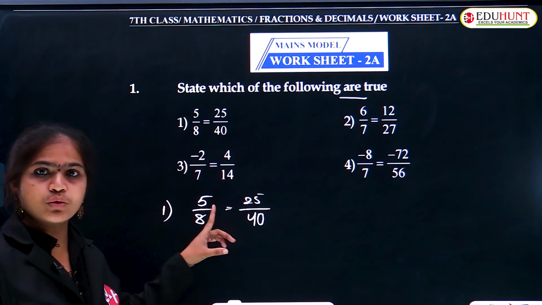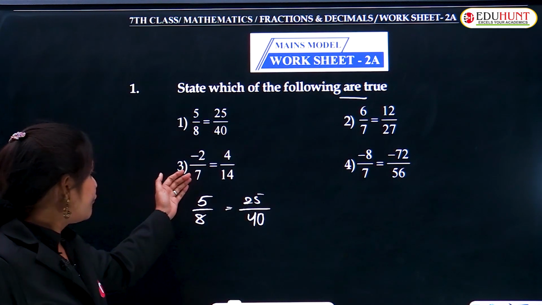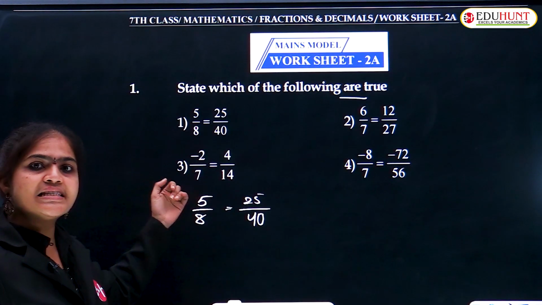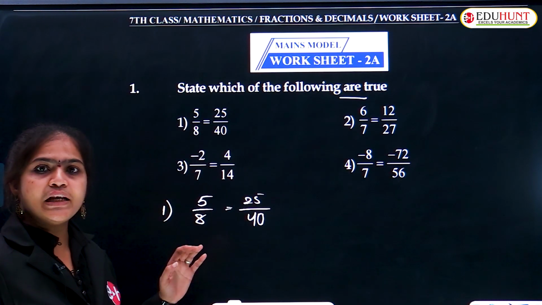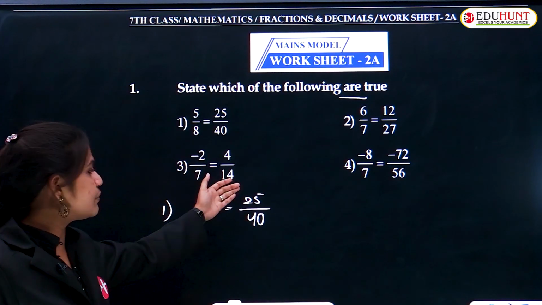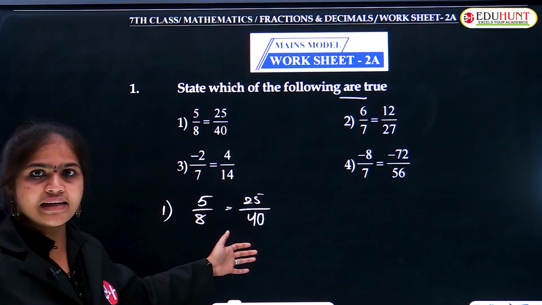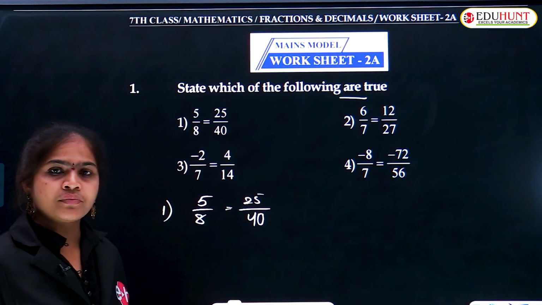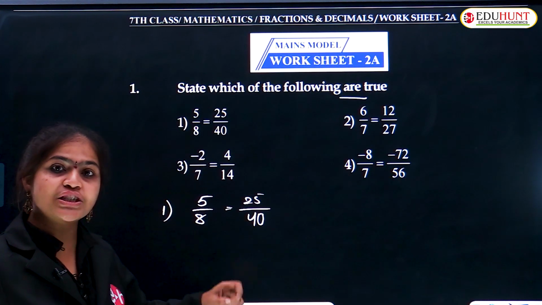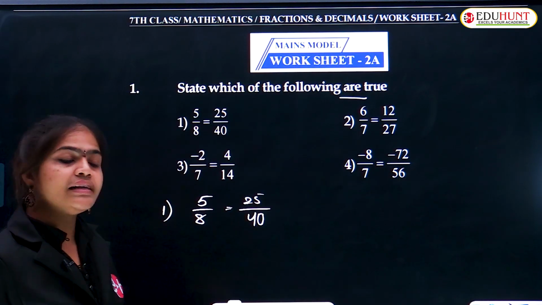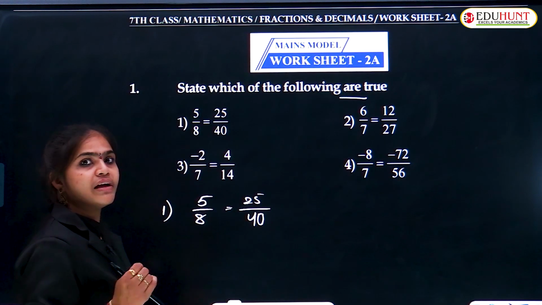As per the question, what are they saying? The value of 5 by 8 is equal to 25 by 40. Is it true or not? By seeing this, we can say these two are equivalent fractions, so we just have to check whether they are equivalent or not.